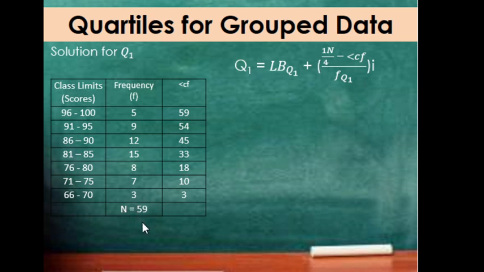We always remember that n is the total frequency. So, n is equal to 59. And what is the next thing we need? The indicator. Why do we need the indicator?